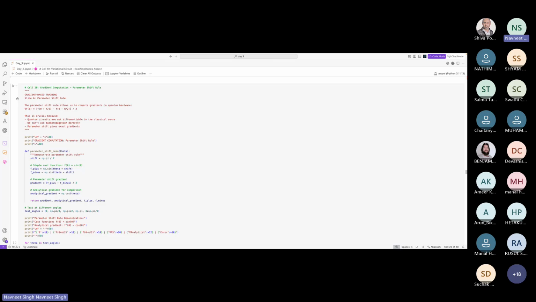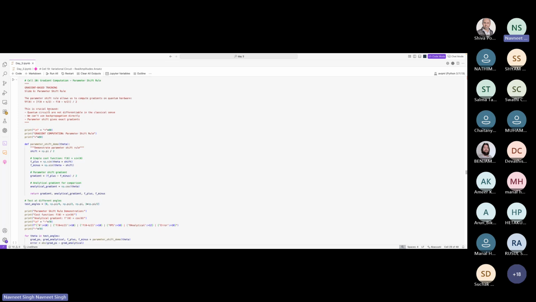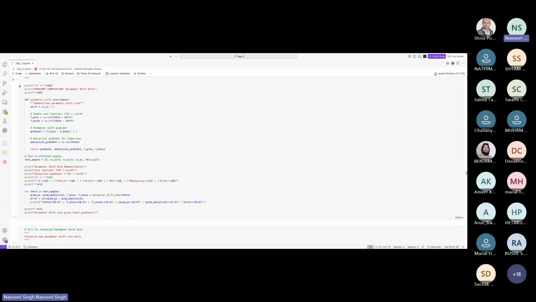Then we define the parameter shift gradient theta. This function implements the parameter shift formula which we see in that slide.